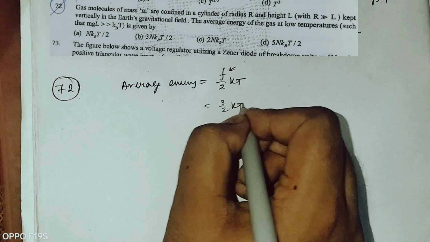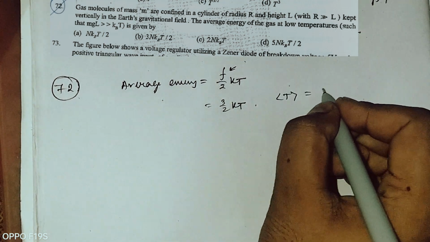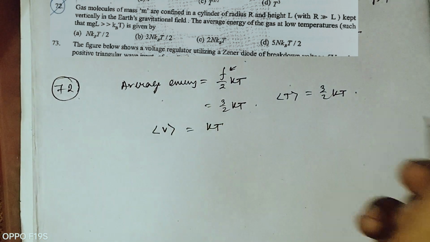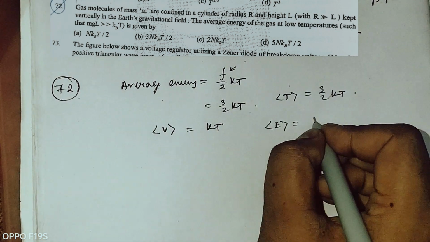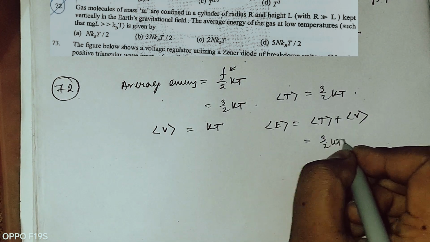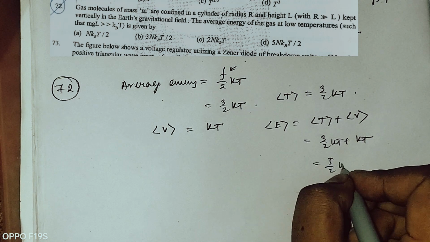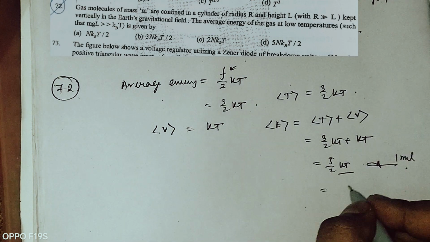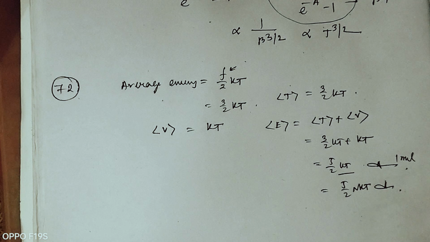So 3 by 2 kt, and from the virial theorem we can write V equal to kt, and then E equal to T plus V. This is so simple: 3 by 2 kt plus kt equal to 5 by 2 kt. This is the answer, but this is for 1 molecule. For n molecules it is 5 by 2 n kt. This is the answer. Okay, so enough for today. Thank you.